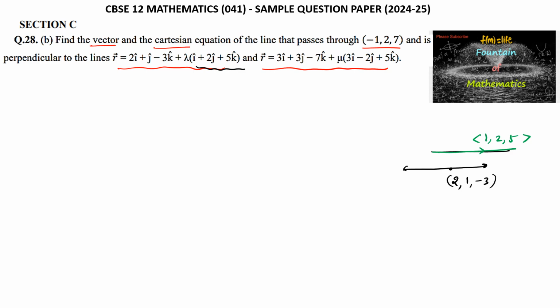And another line passing through the point (3, 3, −7) and having the direction ratios 3, −2, 5. So that is having the parallel vector.